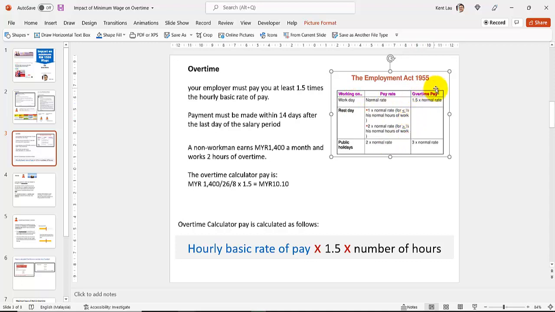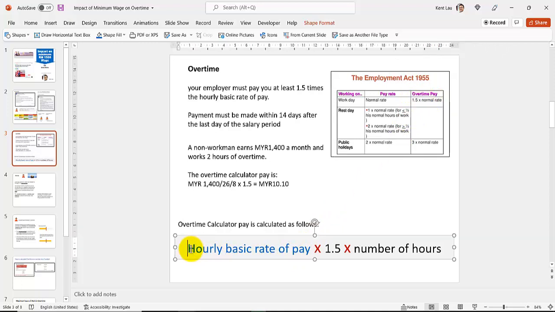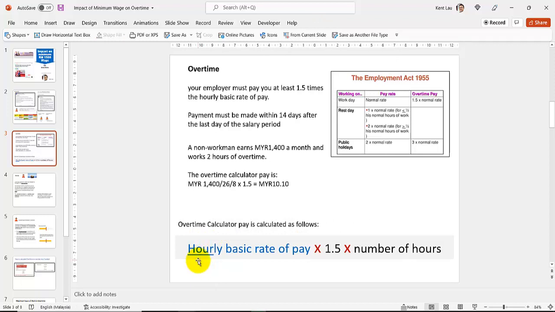Okay, so that is on the hourly rate. You divide that. That is on the work day. If it's on a rest day, it will be one, the normal rate.